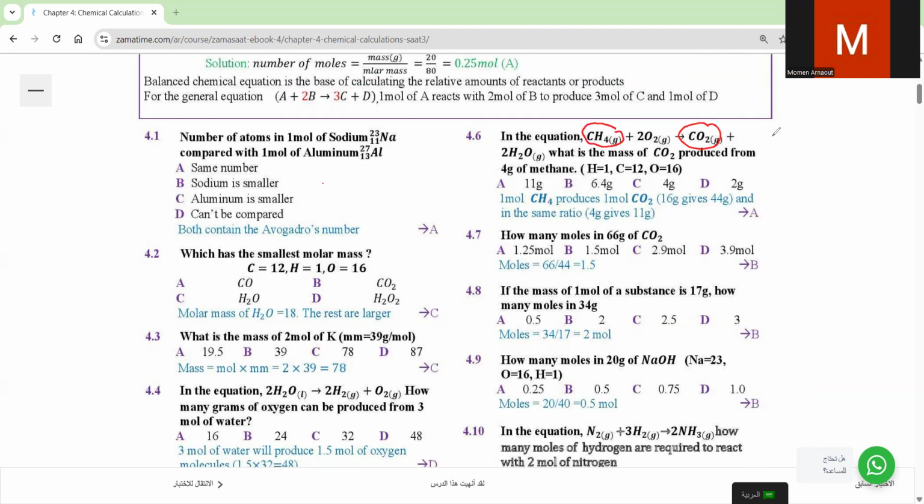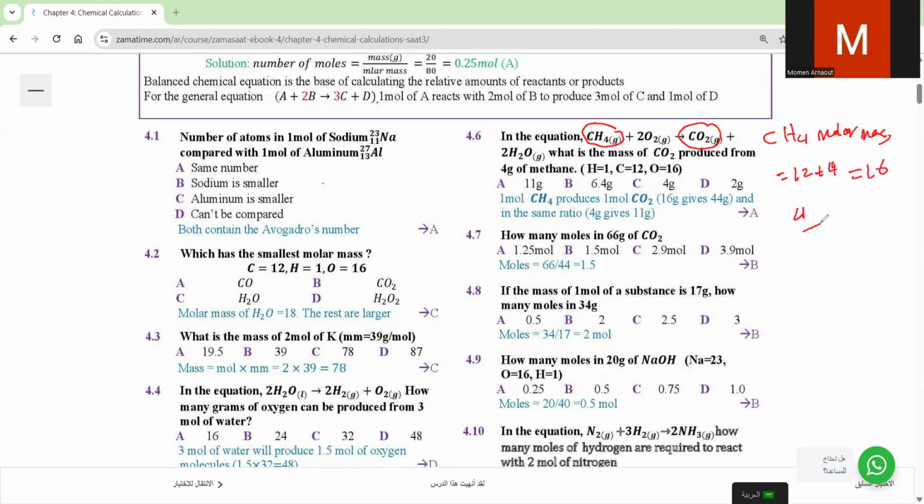This type is called mass to mass conversion. I have 4 grams of methane. First, you should convert this mass to moles to compare in the equation. So first, I should find the molar mass of methane. CH4 molar mass equals 12 plus 4 equals 16.